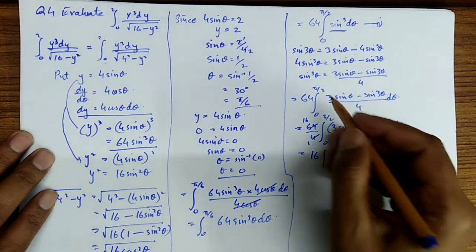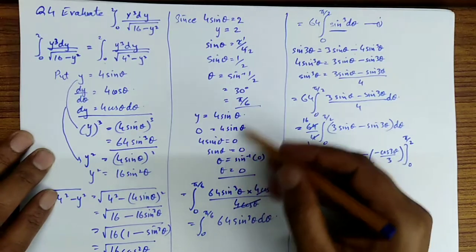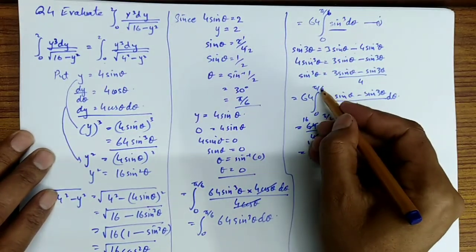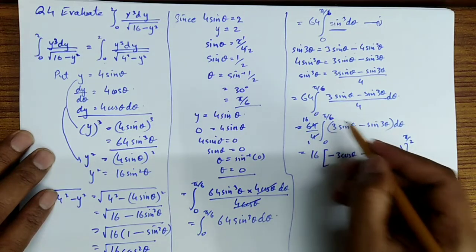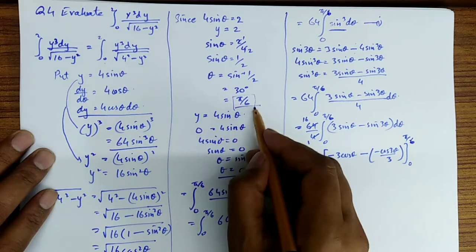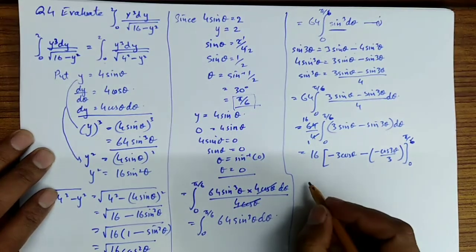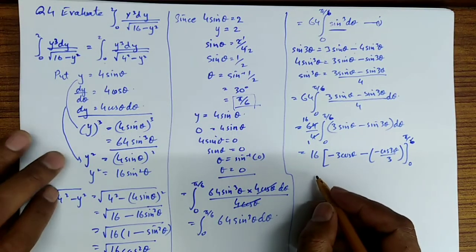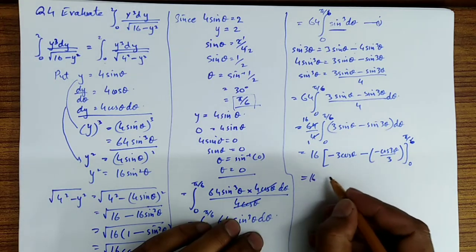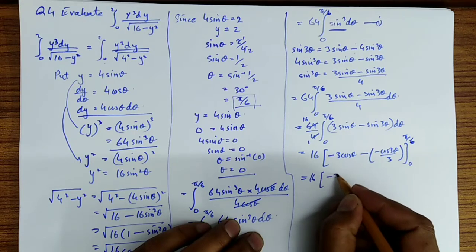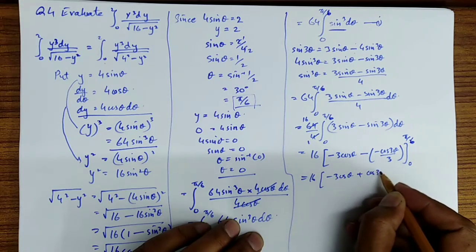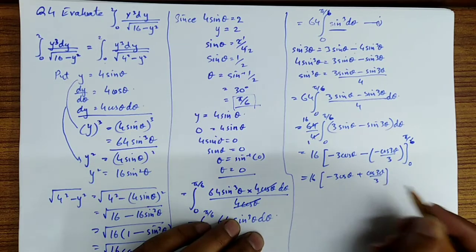Sorry, it's not pi upon 2, it's pi upon 6. I made some mistake. Here we have 6, because this is the upper limit. Now by putting the values, this will be now 16 times minus 3 cos theta plus cos 3 theta upon 3.